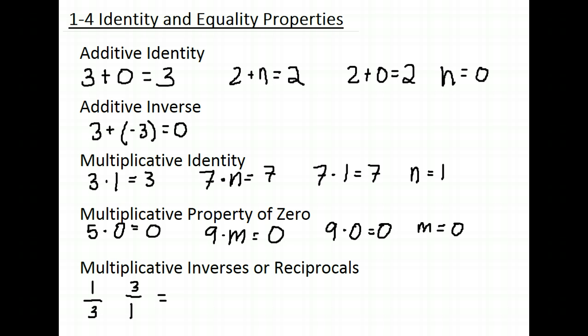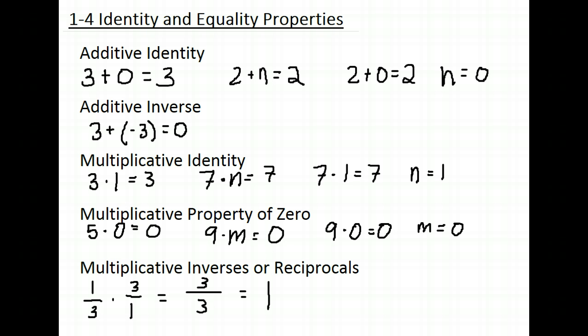So we have a numerator times a numerator, 1 times 3 is 3. We have a denominator of 3 and a 1, so 3 times 1 is 3. Our new fraction is 3 over 3, and any number over itself is equal to 1.